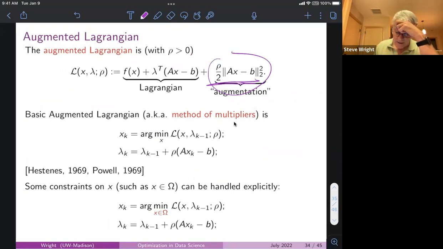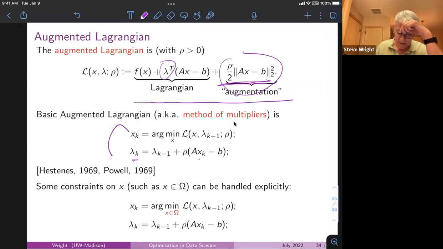And then you get the so-called method of multipliers by picking some rho, minimizing this augmented Lagrangian function over x for a fixed choice of lambda. You just fix your estimate of the Lagrange multipliers. And then you go the other way. You fix the xk and you update the lambdas according to this formula. And you just iterate like this.